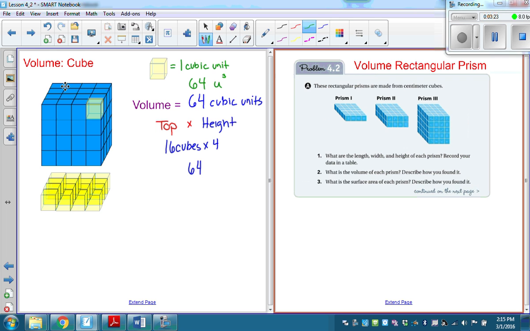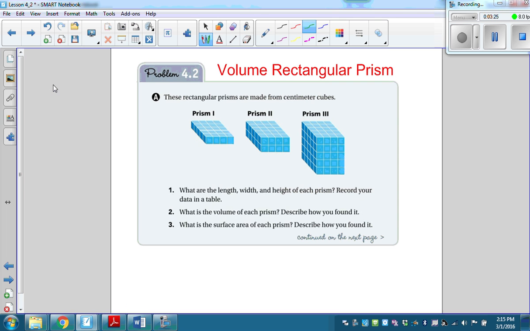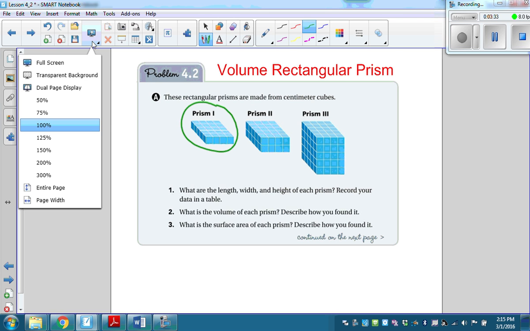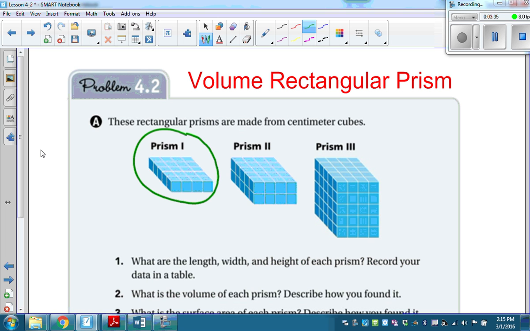So when you look at that page, this first prism, if we zoom in there, you can see that there's 4 cubes in the width, and then there's 1, 2, 3, 4, 5 cubes this way.